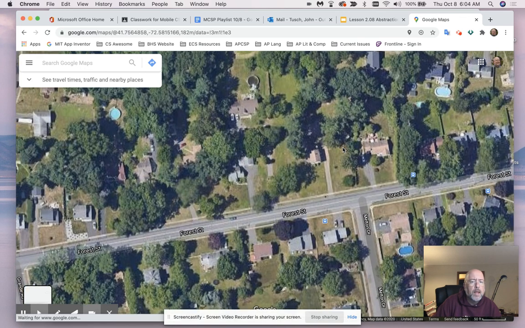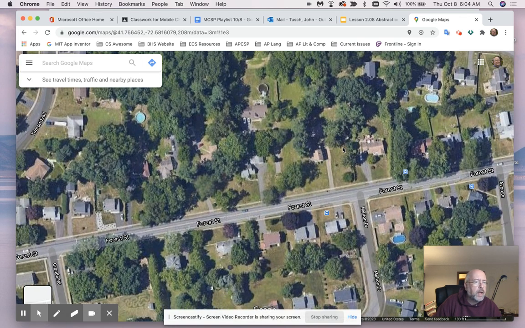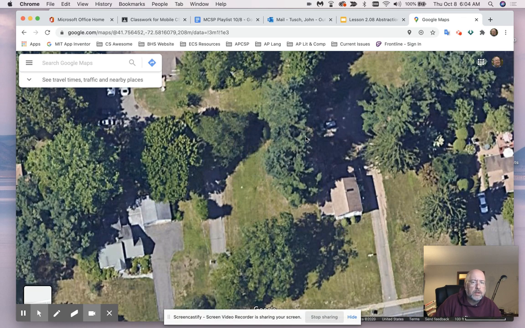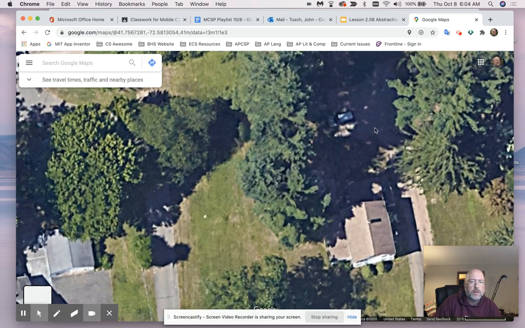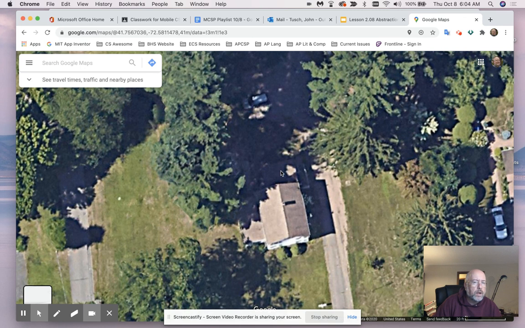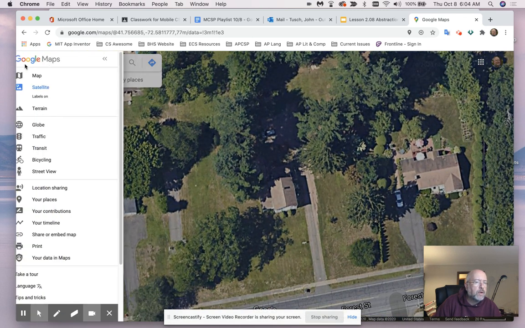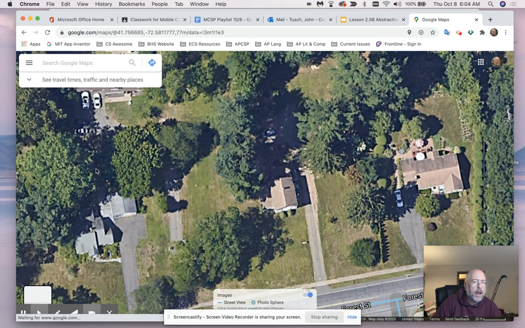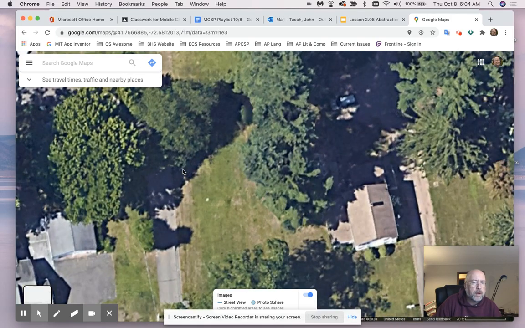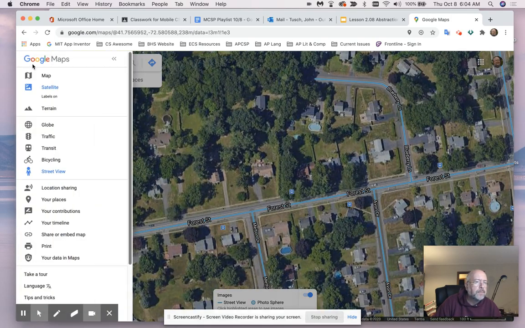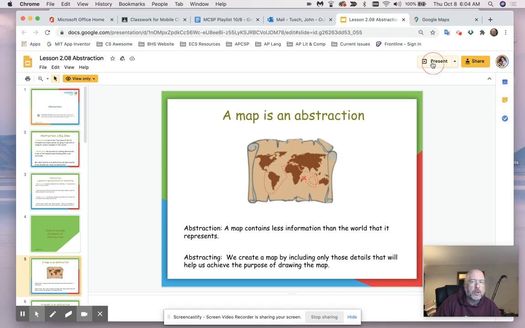I don't know where they are. Anyway, that's kind of my current location. Nope, this isn't my neighborhood at all. Sorry, I was incorrect. But I can get really, really deep, and I can get into something even called street view. And I can get even less abstract because now I'm seeing street view and getting all the way down to where people are. So those are examples of abstractions.